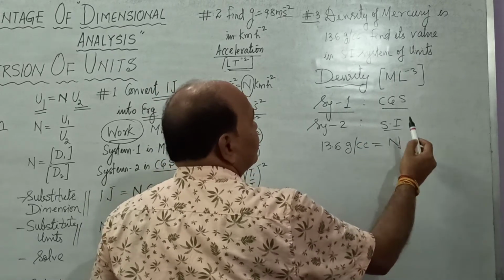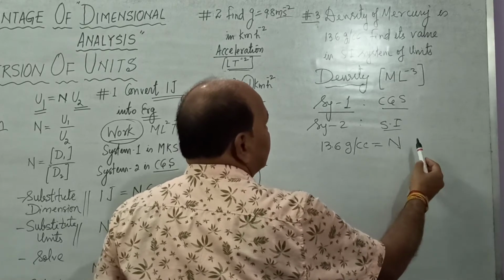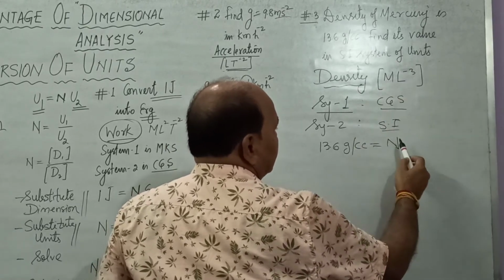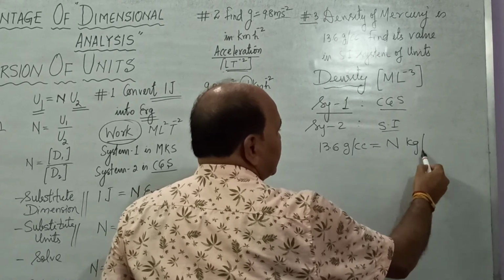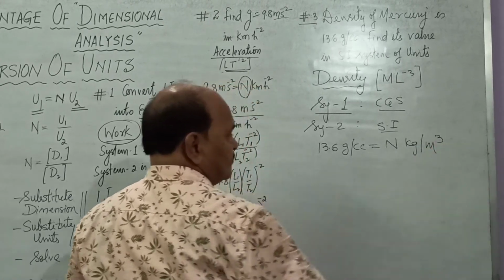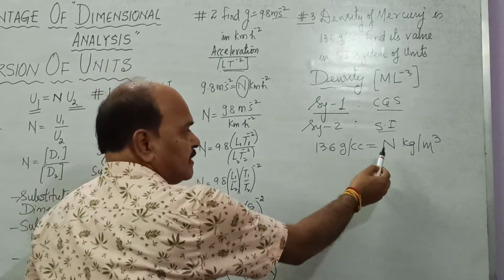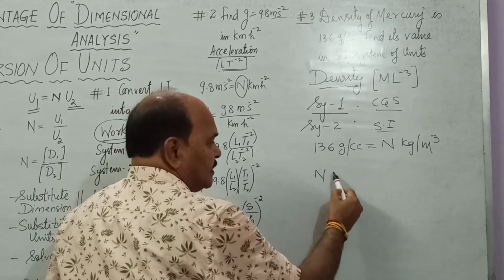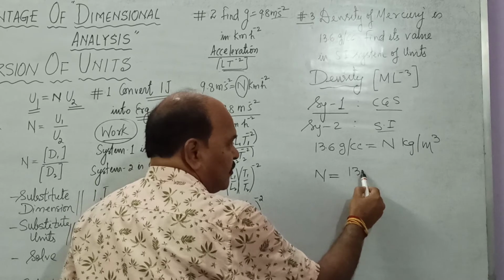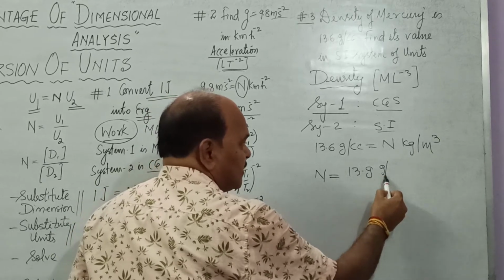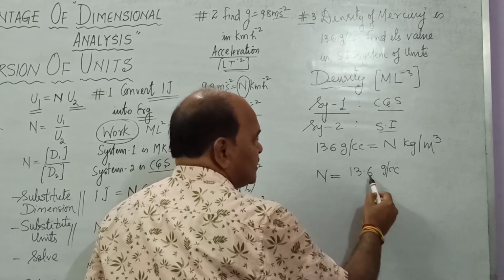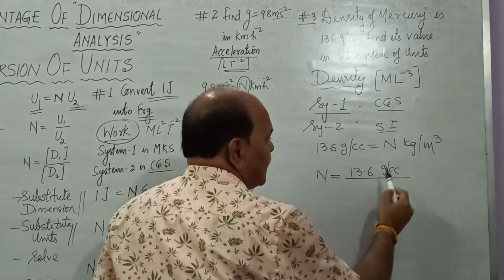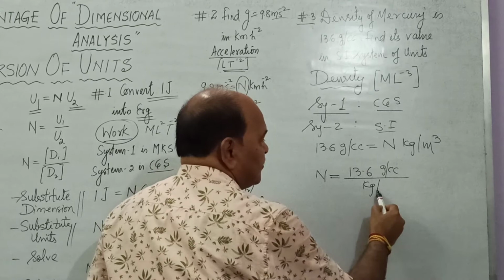The unit of density in SI system. In SI system, the unit of density is what? Kilogram per meter cube. So what is this n? This n is going to be 13.6 gram per cc upon kilogram per meter cube.